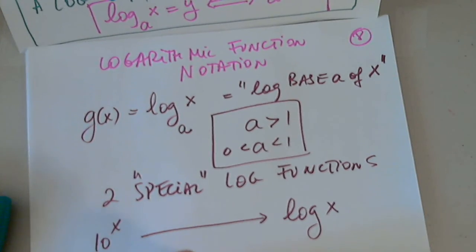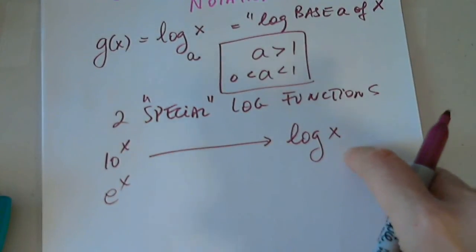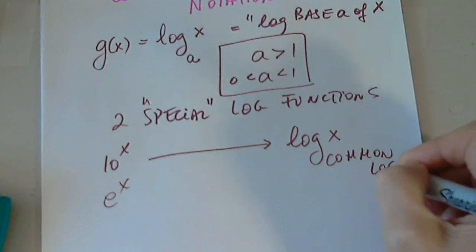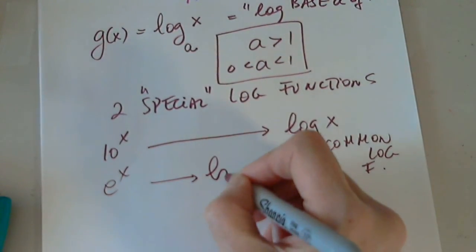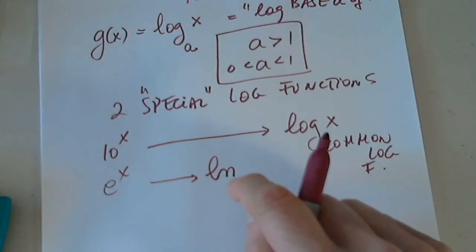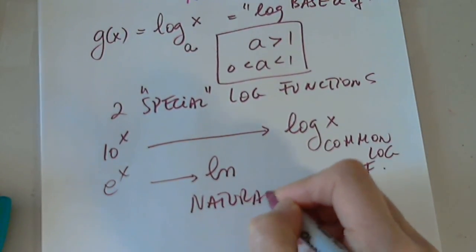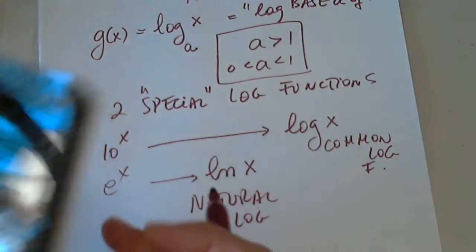Same thing with e to the x. e to the x is the natural exponential. This is common, and of course, this is the common log function. Of course, this one will be ln. It should be nl, natural log. And you can say, where is the base?